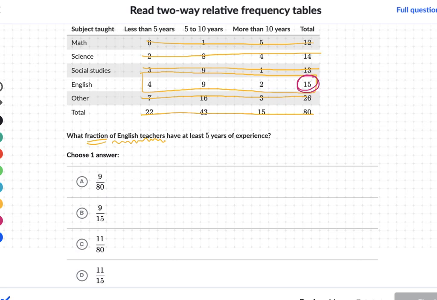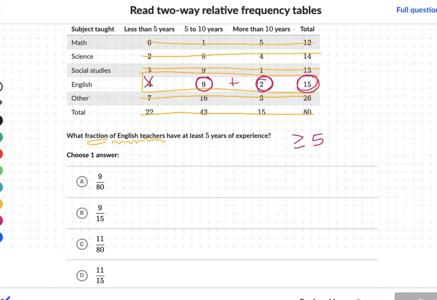And we want to know what fraction of English teachers have at least 5 years of experience. So 5 or more. Okay, greater than or equal to 5, at least 5 years. So not going to look at this one because it's less than 5. 5 to 10 years is at least 5 years of experience, and also not more than 10 years.